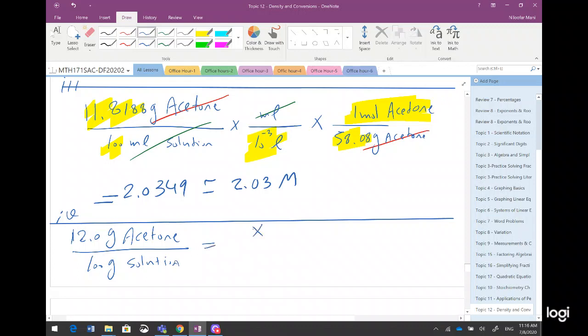Okay? X over 1 million. Okay, X is 1.20 times 10 to the power 5 part per million.